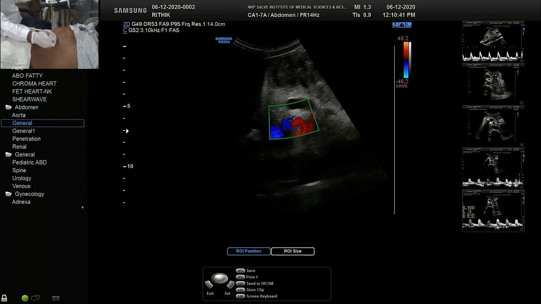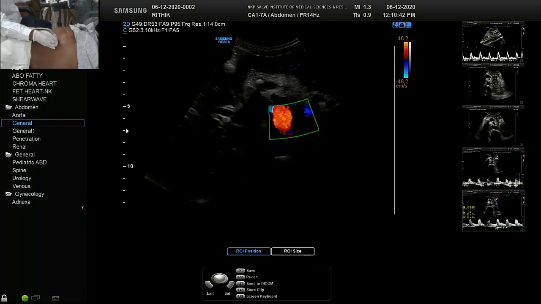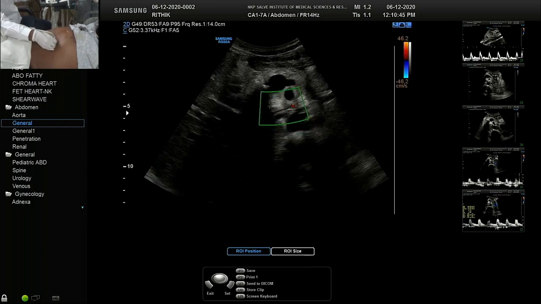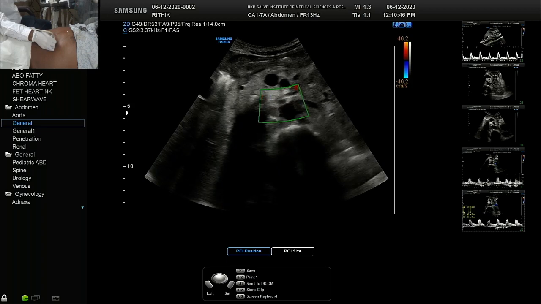He is not able to hold breath properly, but we could get one or two good spectrums of the renal artery.